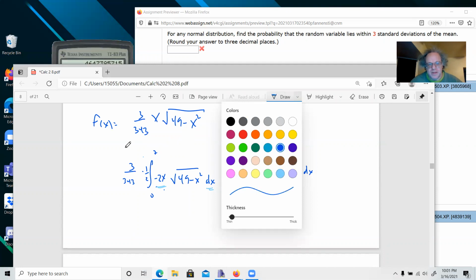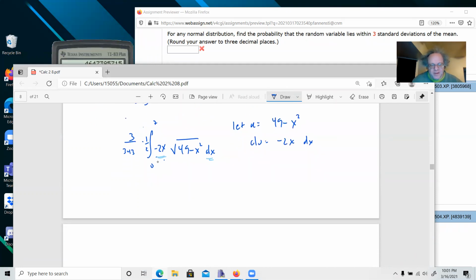So we have, I'm going to leave this by itself, negative 1/2, 3 over 343. We have the integral, and I'm going to go ahead and just leave it in this way. We'll go back to x space rather than doing everything in u's. So this is going to be u to the 1/2 du.